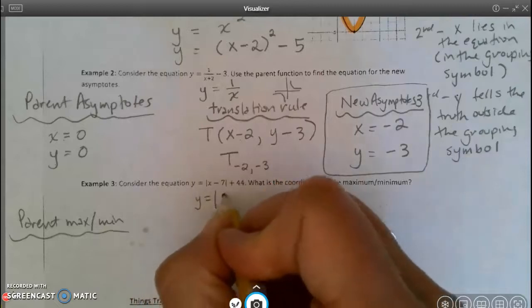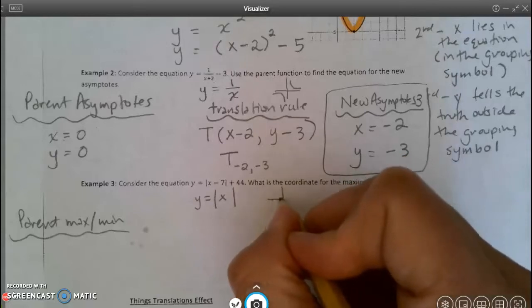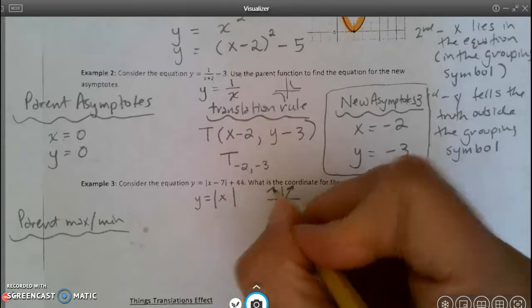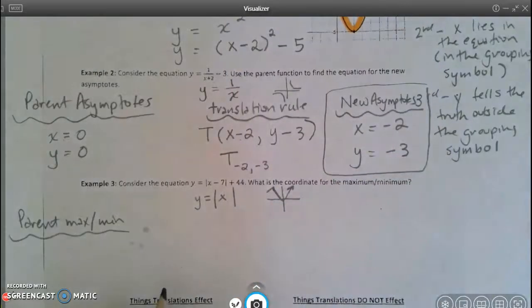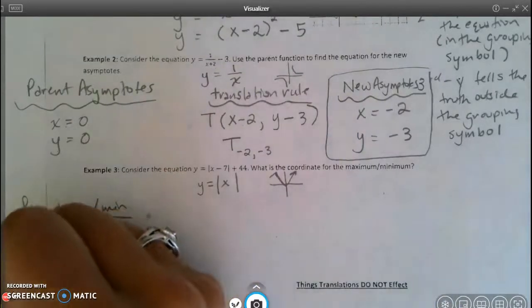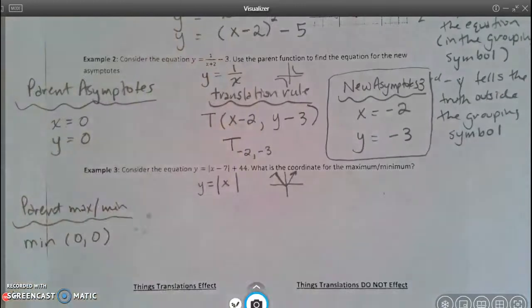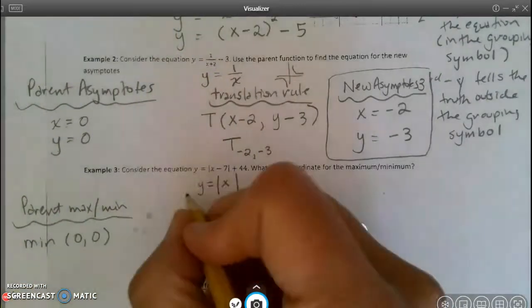It's y equals the absolute value of x. I'll make a little sketch of my graph. Okay, and it's obvious from my little sketch that my parent function's min, it's a min by the way, is 0, 0, that minimum value.